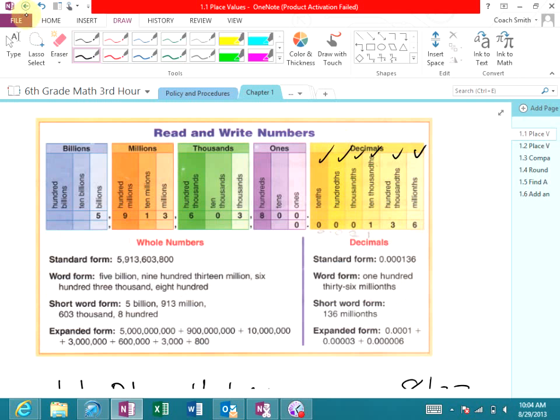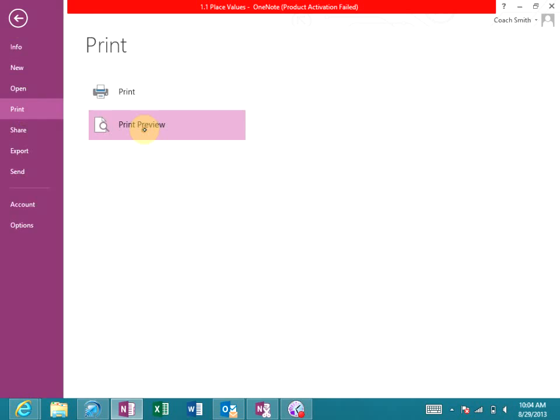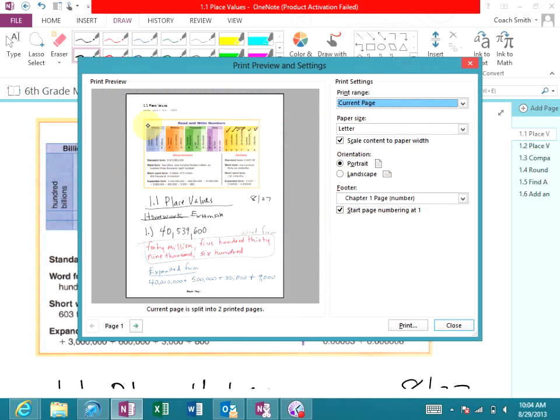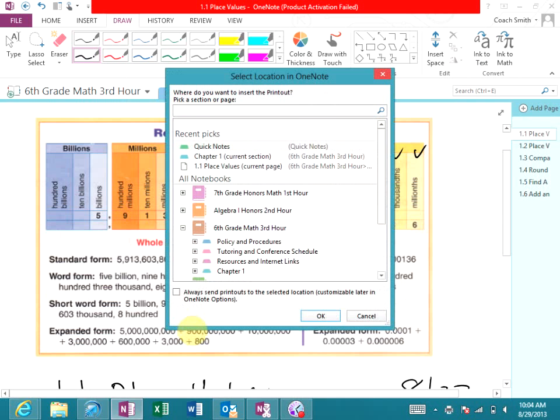Yes, sir. Let me see here. Let me do something for you right quick. See if I can do this real quick. Okay, I'll get it for you in just a second. It'll come off on my printer.